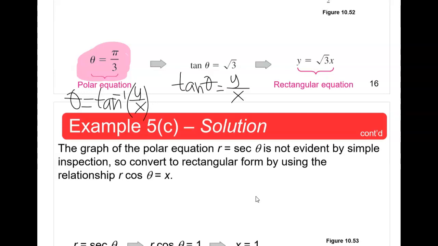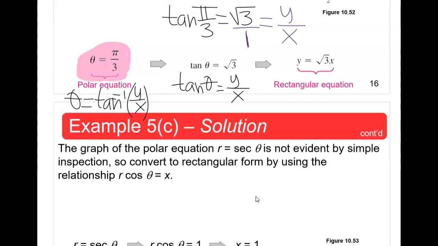So if we look at the value of tangent of pi over 3, you will get the square root of 3. Now, that square root of 3 has a denominator of 1. So what we're saying here is that y is equal to the square root of 3, and x is equal to 1.